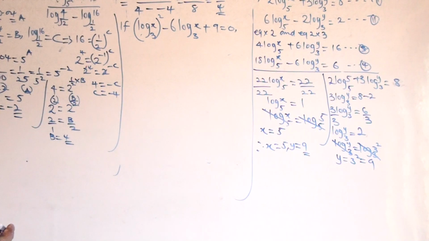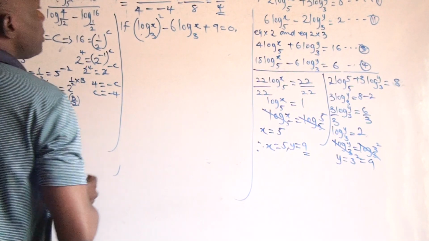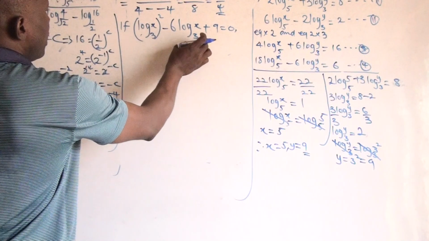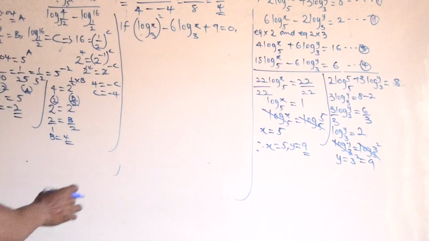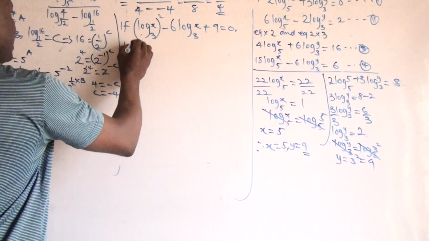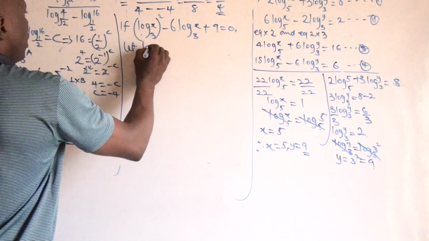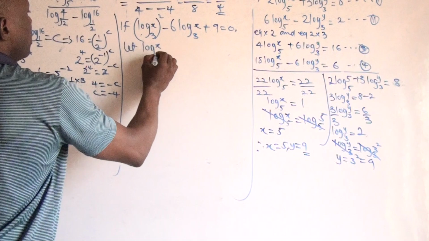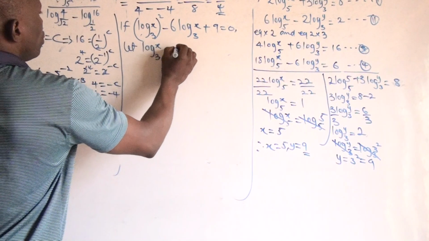Here, we need to look at something. This is log to base 3, but we're having a square here. That means we cannot apply the law of operation, but we can let something be something. So we can say let log x to base 3 is equal to a.